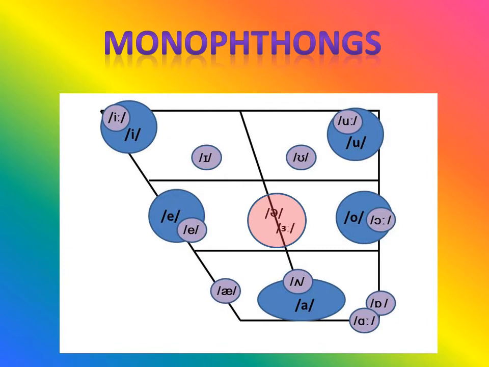So we can see here in this graph that in the area in which we produce only one Spanish monophthong, we end up producing 2 or even 3 English monophthongs.